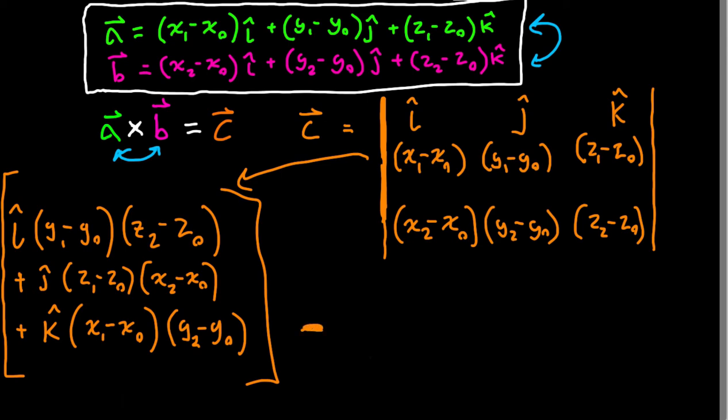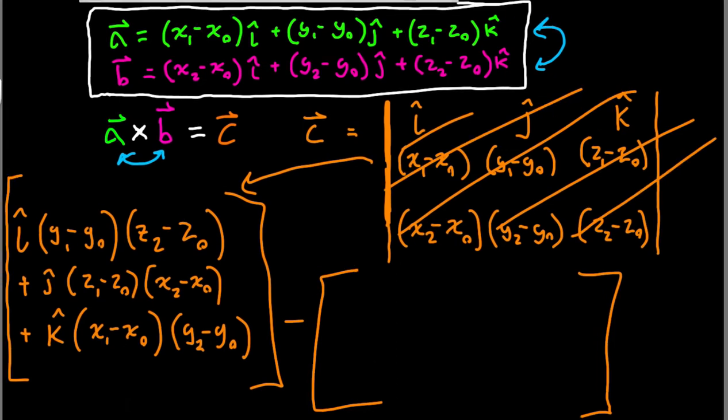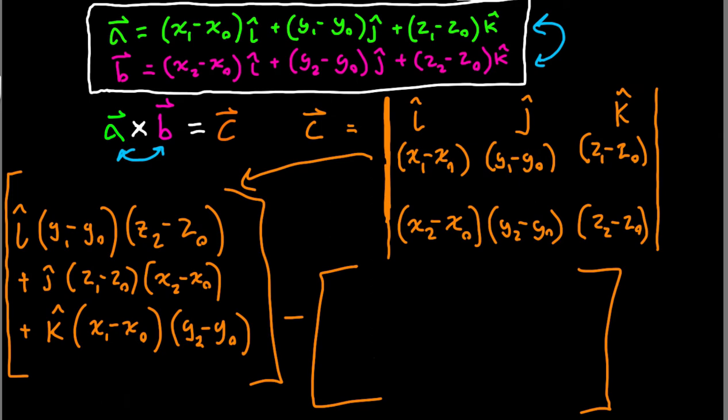Now we are subtracting from that all of the other diagonals. I'm going to try to keep this as small as possible, but it's difficult. So now we're going the other way, like that. So now we're going to subtract k times x2 minus x0 times y1 minus y0.